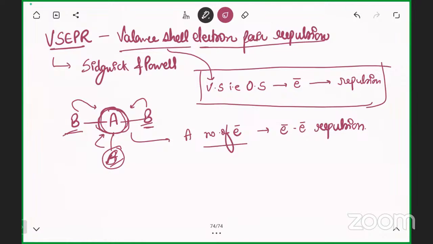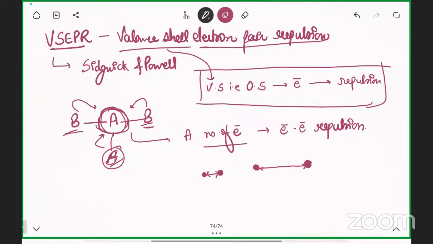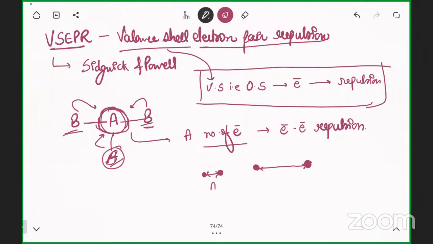No. See, if one atom is here, one atom is here, and another atom is here, I'm making a sort of drawing. Tell me, this is condition A, this is condition B. In which condition is there maximum repulsion? A or B?